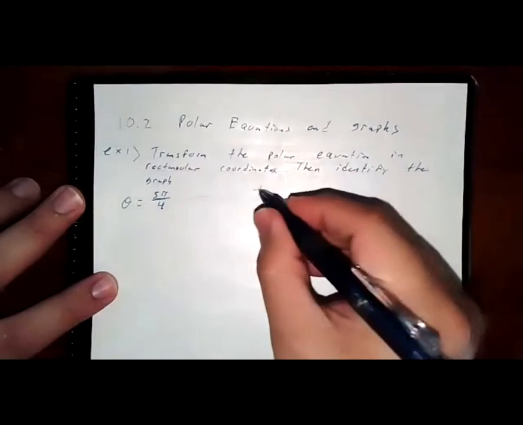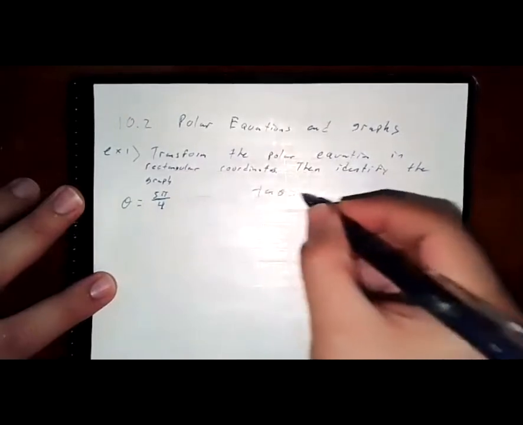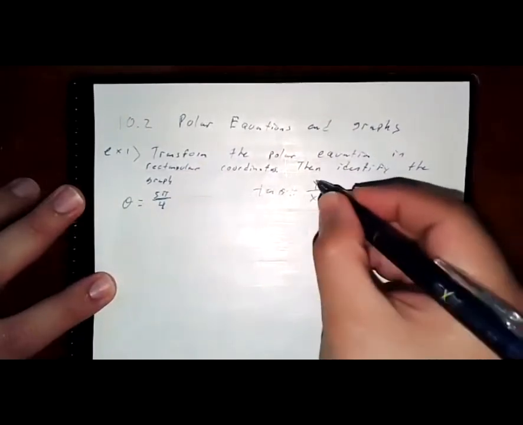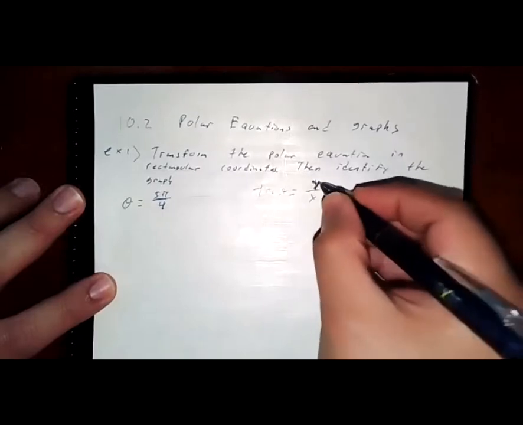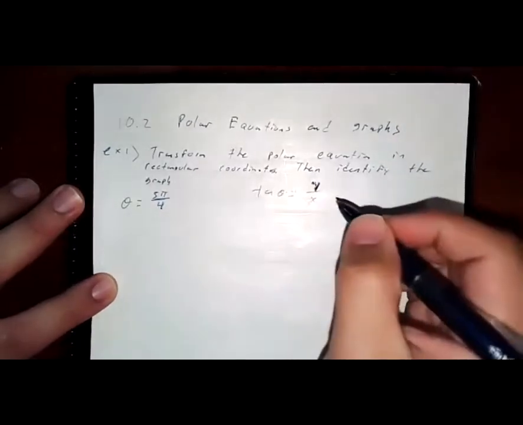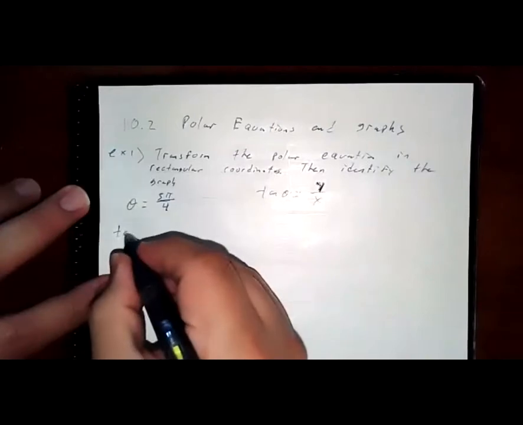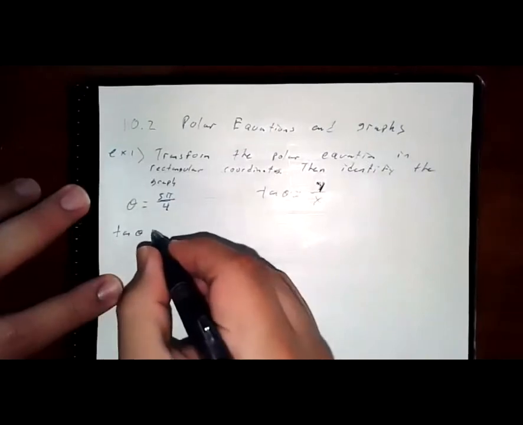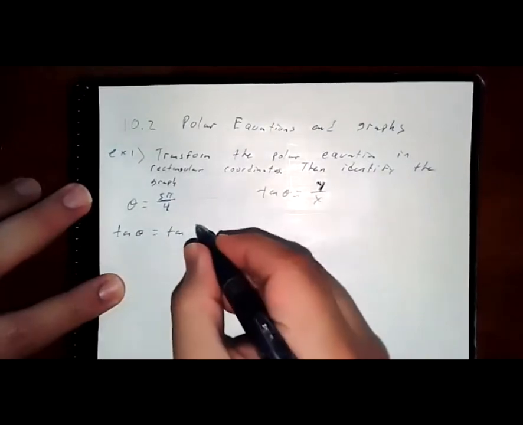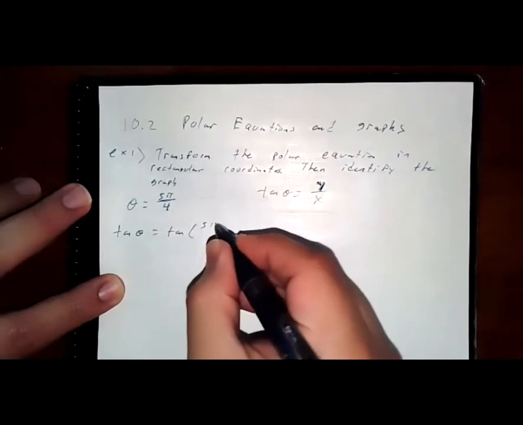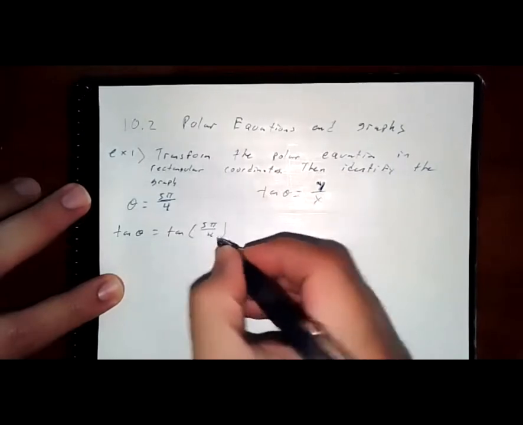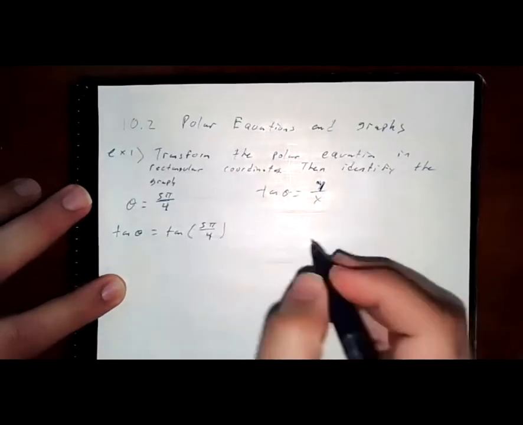Remember that tangent of theta is equal to y over x, right? So if I take tangent of both sides, I can get a value, and I know that value would be equal to y over x.